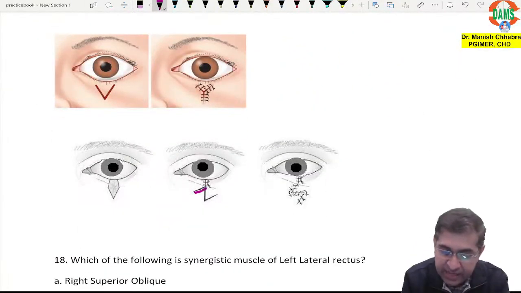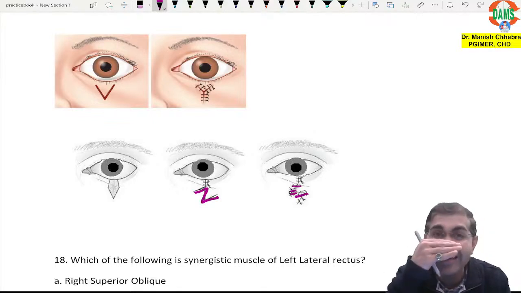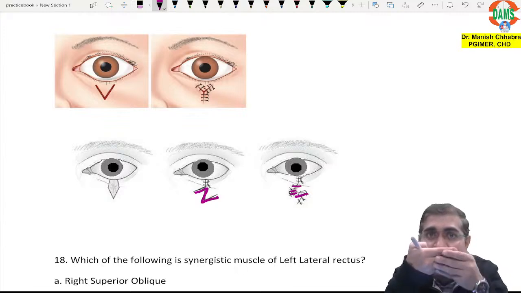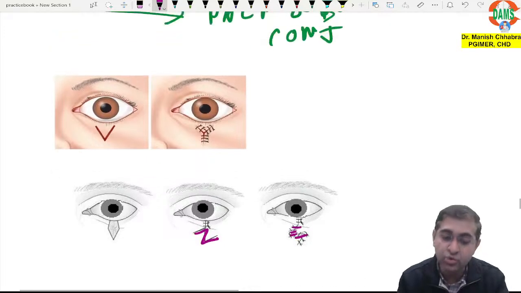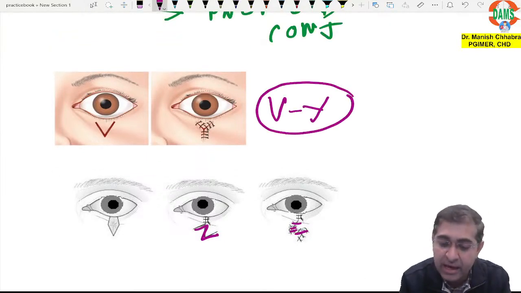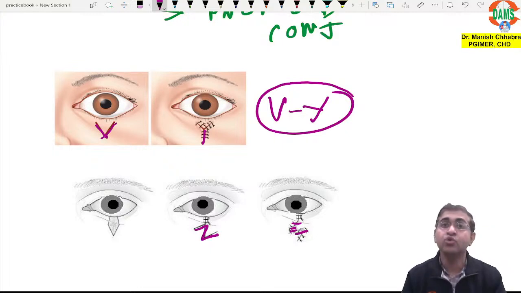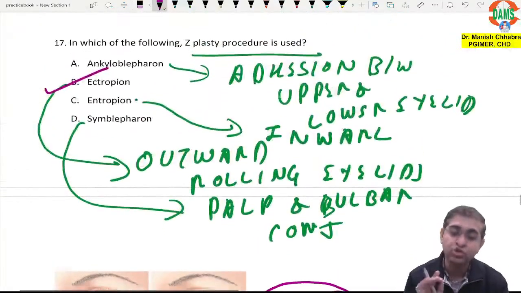So you give a Z-shaped incision and then you suture it so that if the eyelid is turned outside, it is then turned inside. Yes, that is Z-plasty. You can go on for another surgery in ectropion, that is your VY procedure. You will give a V-shaped incision, then you extend it towards Y, and that is again seen in ectropion.